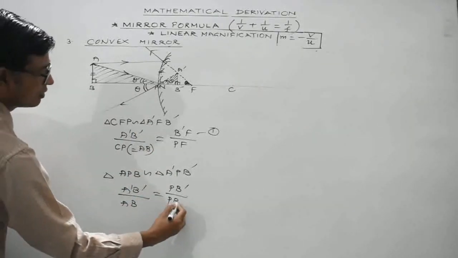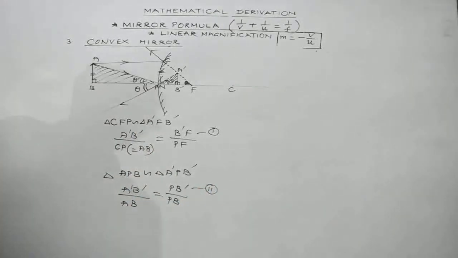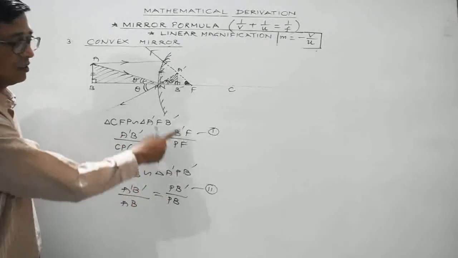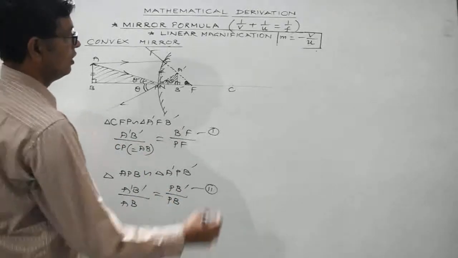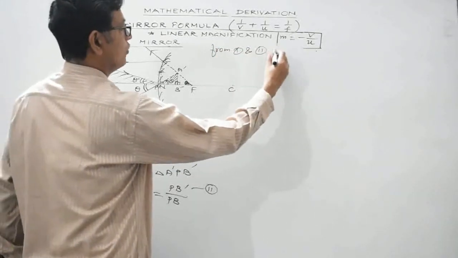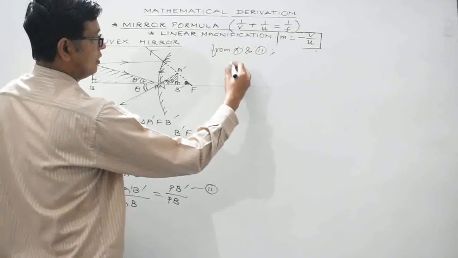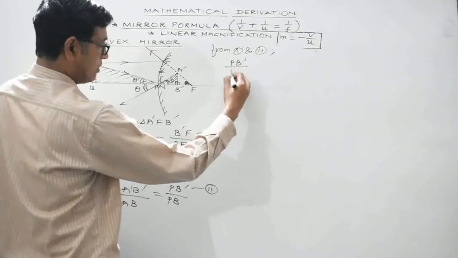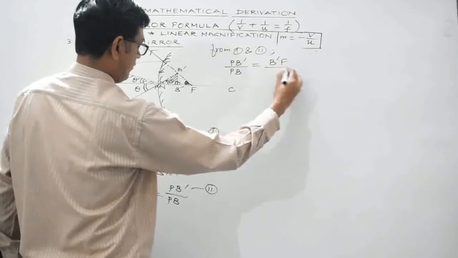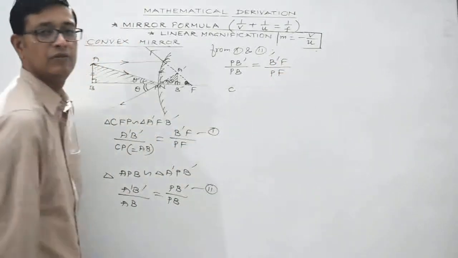Base is PB. Fine. Now, as you can notice, the left hand side of these two equations is the same. Therefore, we can equate the right hand side of these two equations. So, from 1 and 2, we get PB' divided by PB is equal to B'F divided by PF.